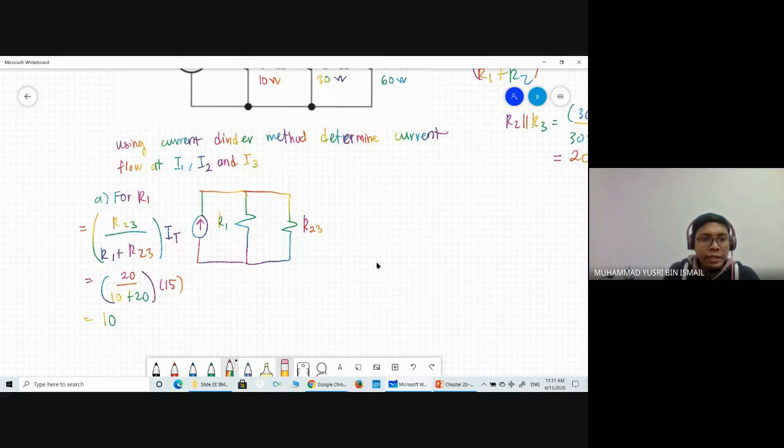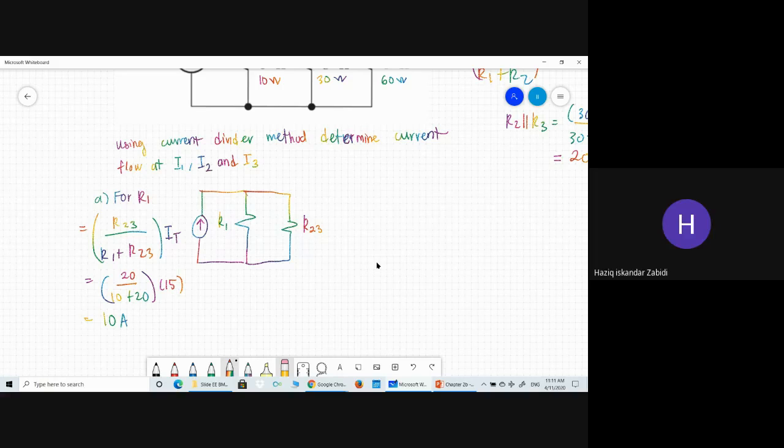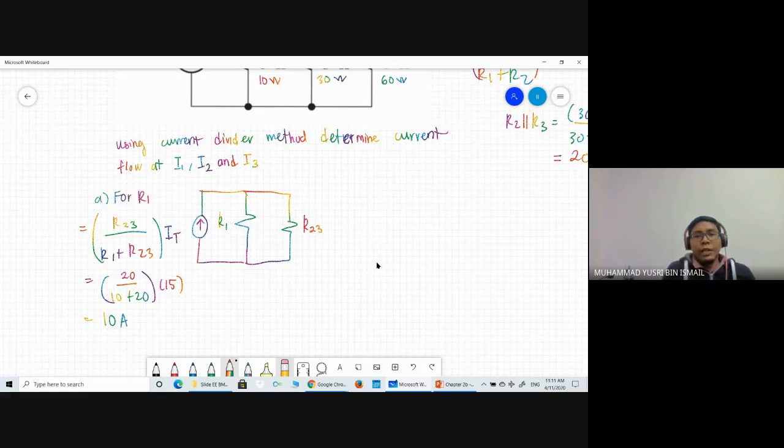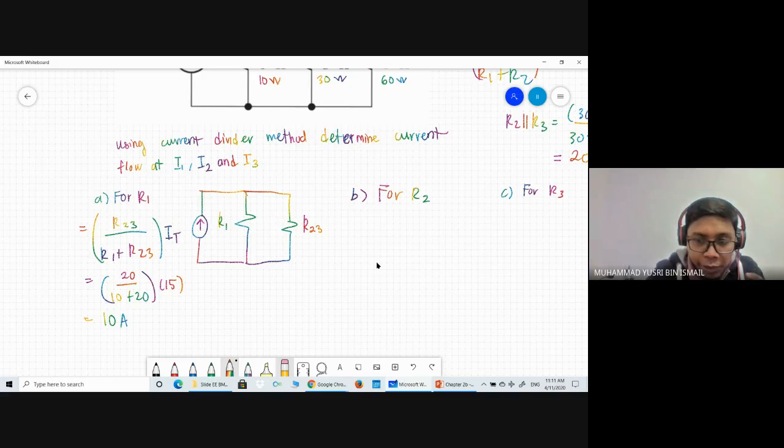So you will get 10 ampere. Now you can try to do it for R2 and R3. I will let you do it on your own. I will take some water to drink.